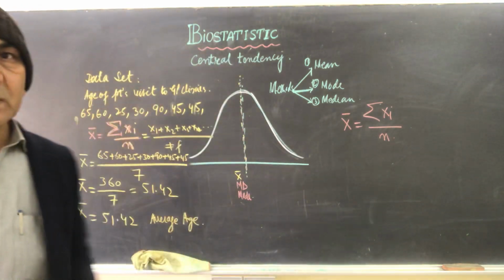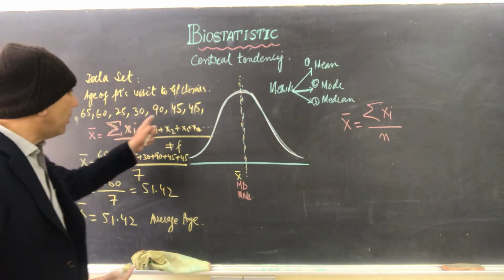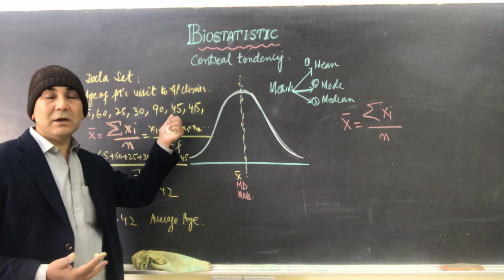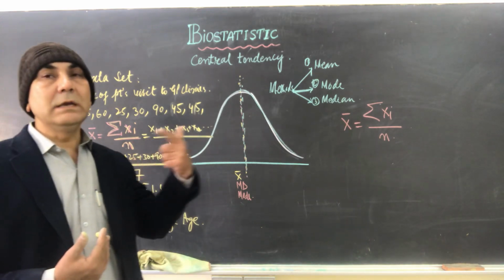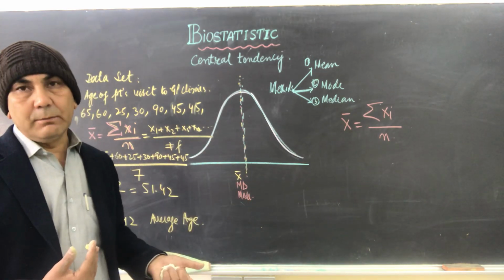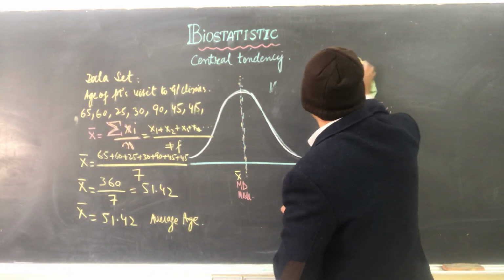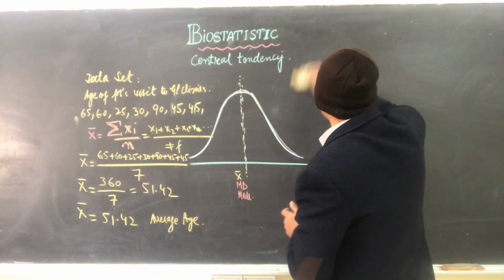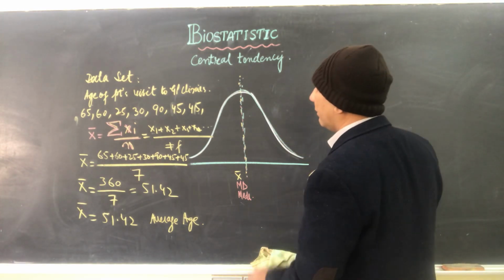Then we said that in any data set, the outlier has an effect on the mean of the data set. Let's see how it will affect the average or mean of the data set.